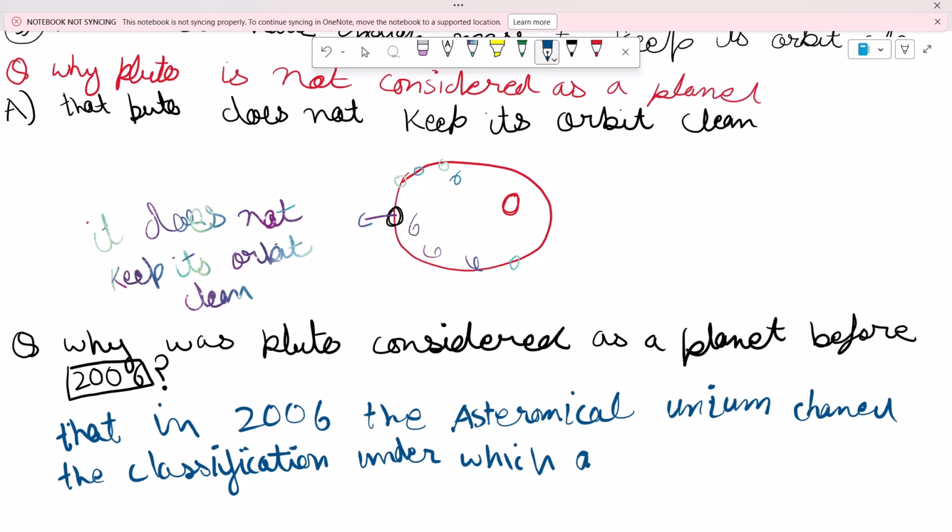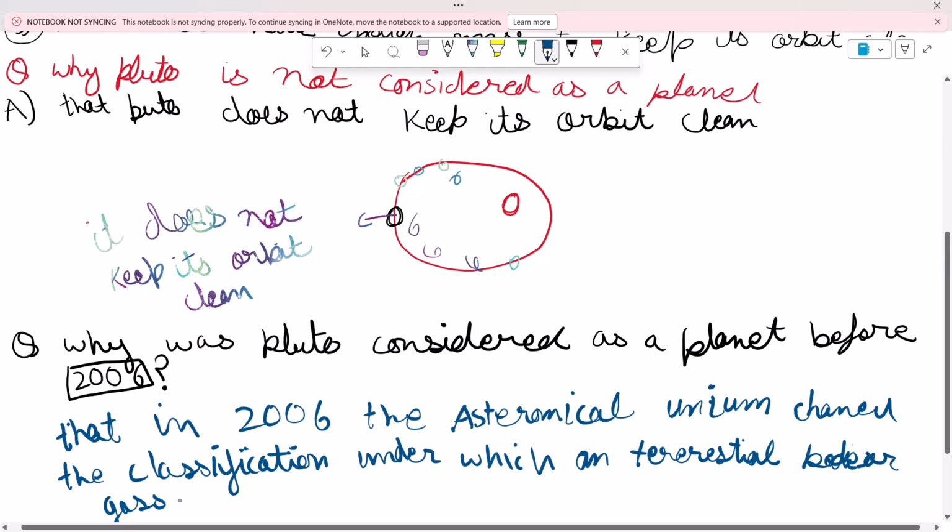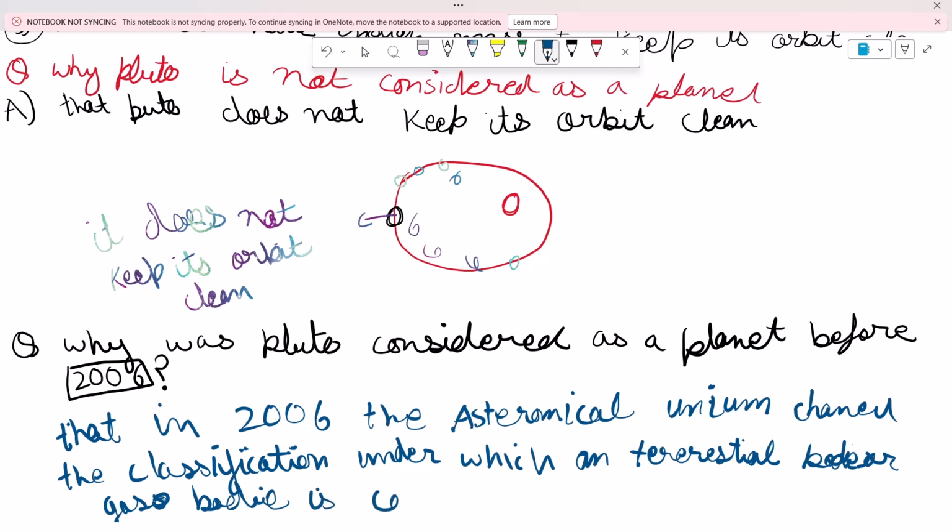Under the new classification, a terrestrial body or a gaseous body is considered a planet.